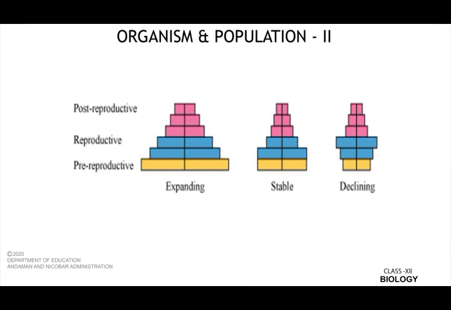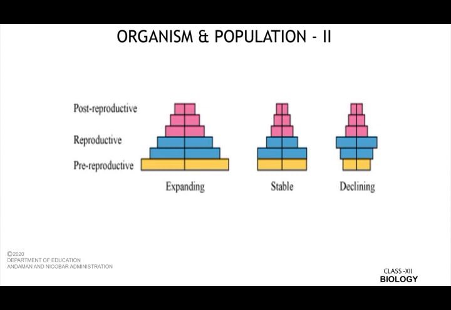The next is the declining, where the pre-reproductive is much smaller. The number of pre-reproductive is least, so fewer come to the reproductive age, so they produce fewer offspring. So the population is going to decline. Such population is called declining population. You can see this in Japan.